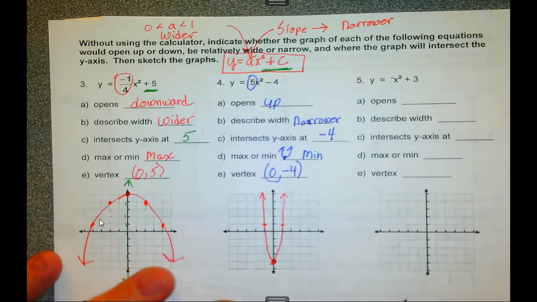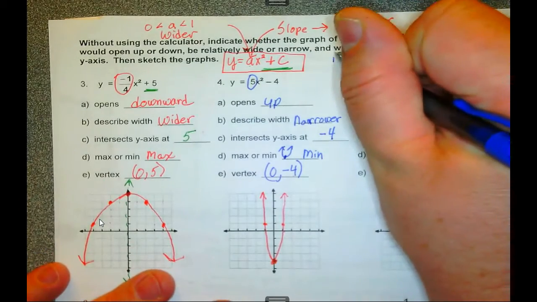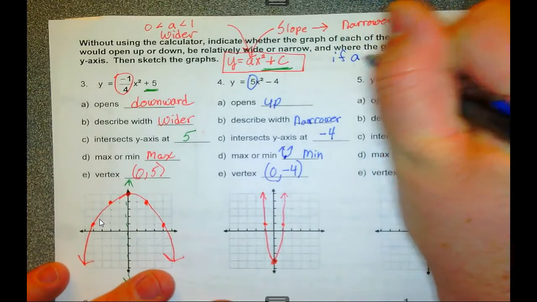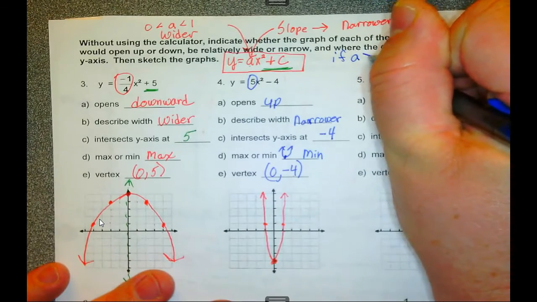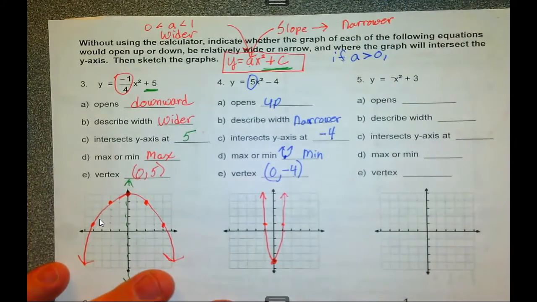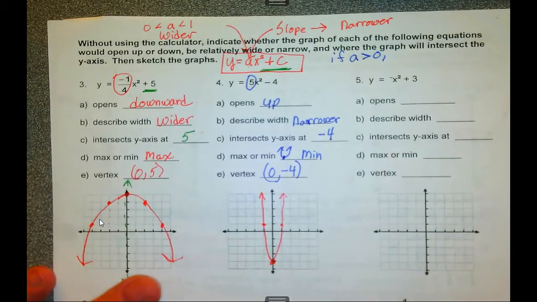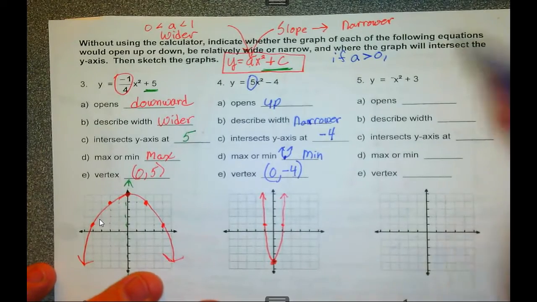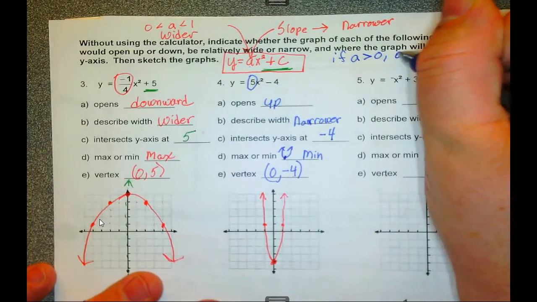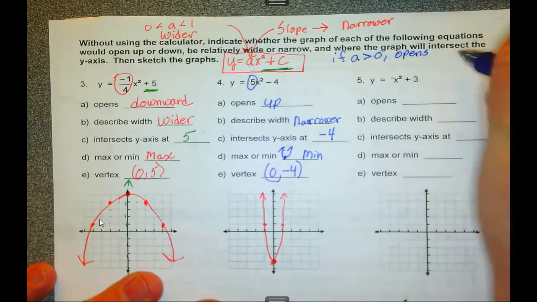If a is positive, so greater than 0, my parabola opens which way? Opens up.